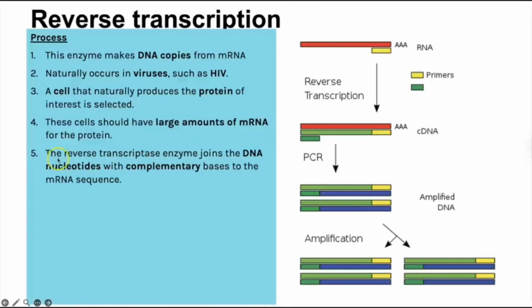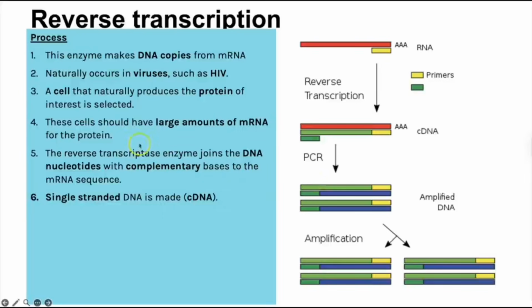Reverse transcriptase can join DNA nucleotides together, via a condensation reaction, creating phosphodiester bonds, based on mixing together DNA nucleotides and exposing them to this mRNA. The complementary bases will be attracted and aligned, and then reverse transcriptase can join them to create that new DNA molecule.